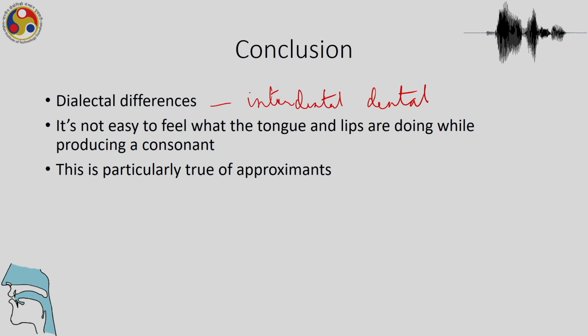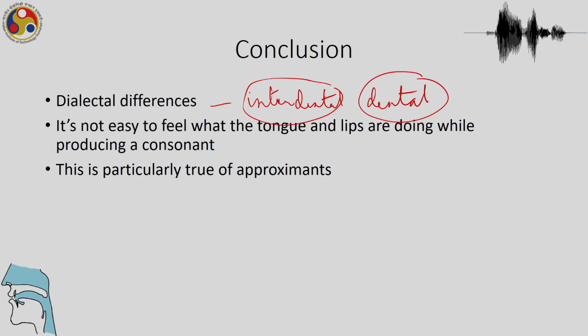Unlike interdental, the dental is when the tip of the tongue makes an obstruction on the back of the upper teeth. So there is an obstruction there, and which should account for the differences between interdental and dental. It is known that British English speakers and some dialects of American English differ as to whether the sound produced would be interdental or dental.